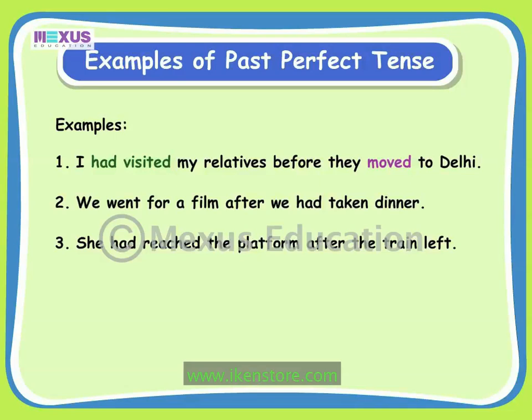Similarly, in the second sentence, the verb had taken shows the completed action and the verb went shows the subsequent action. In the third sentence, the verb had reached shows the completed action and the verb left shows the subsequent action.